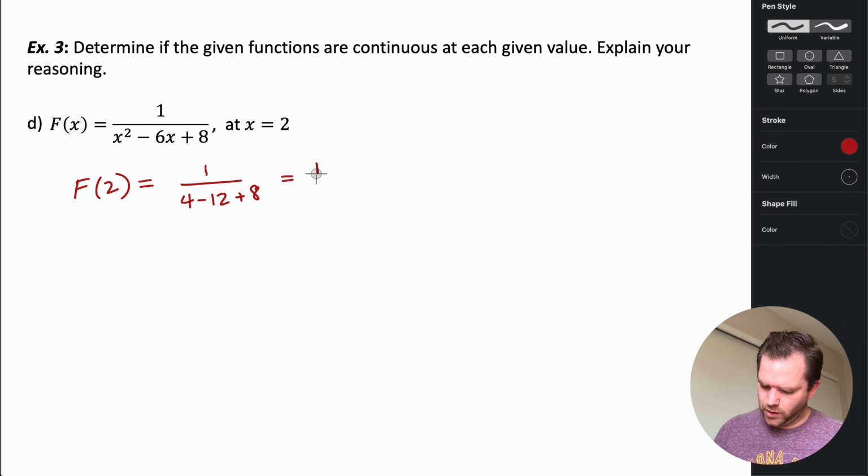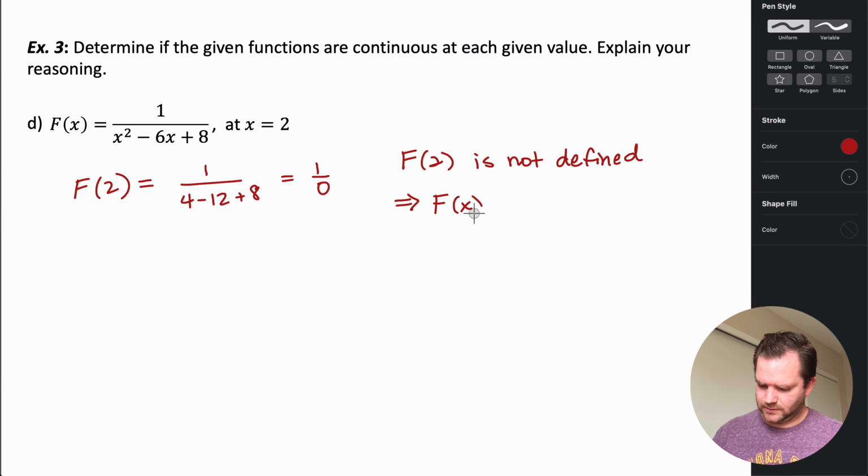This is going to be 1 over 0. 1 over 0, that's not defined. So that means that f of 2 is not defined, and therefore, f of x is not continuous.